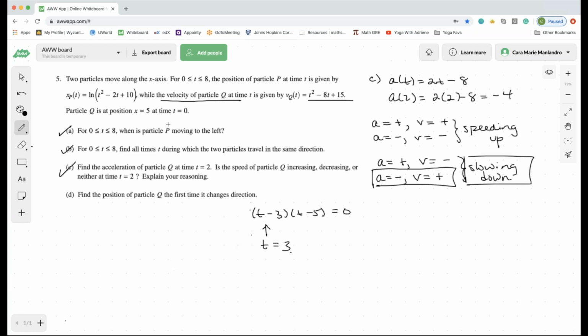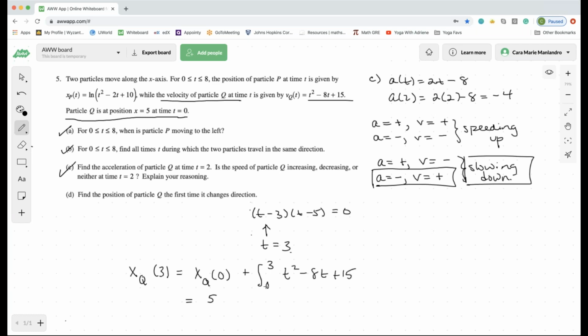All right, so the position. Here we're given an initial condition, which is super helpful. The position of Q at 3 is going to be the x at 0, which happens to be 5. And then we want to integrate from 0 to 3.